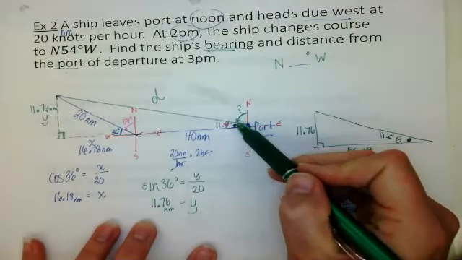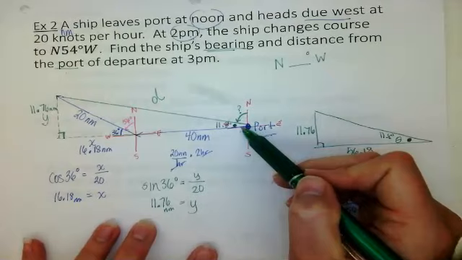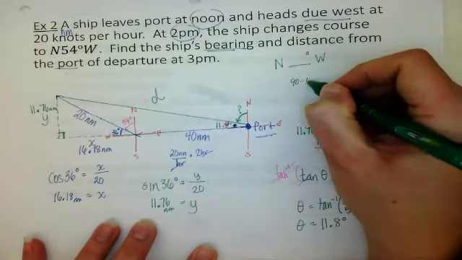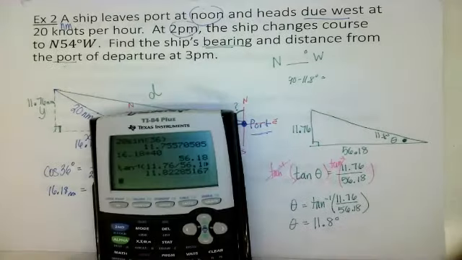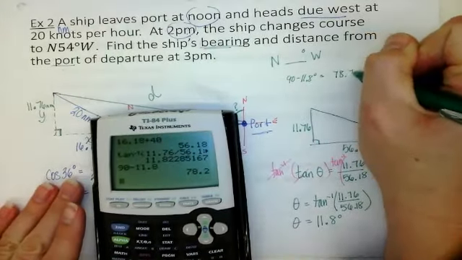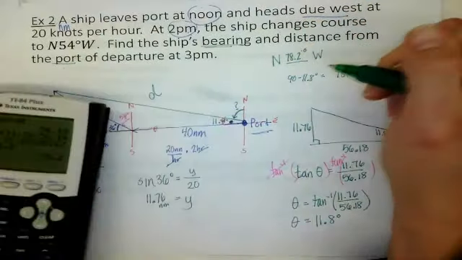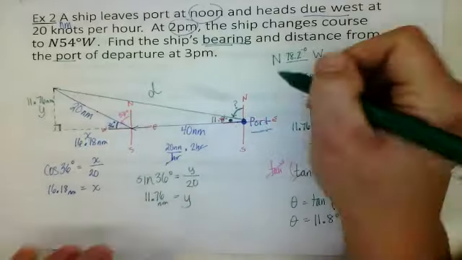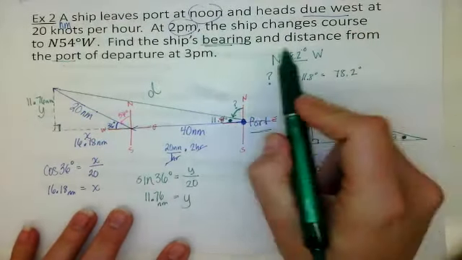And that's going to allow me to find this, which again, this created a 90-degree angle. So 90 minus that 11.8 degrees is 78.2 degrees. So that is this angle right there, the question mark. That's our bearing.